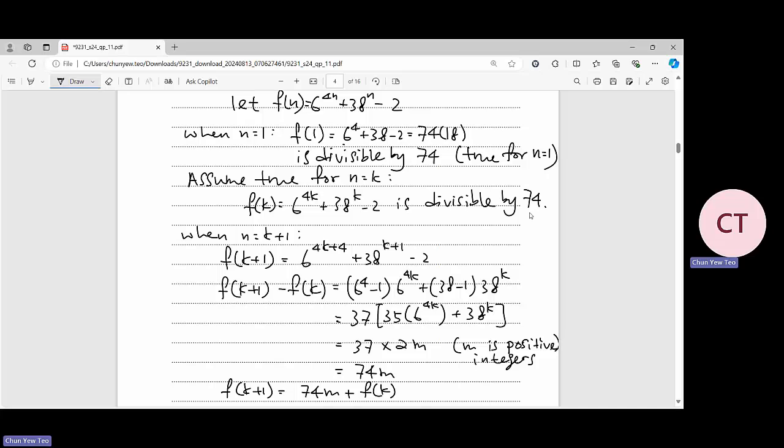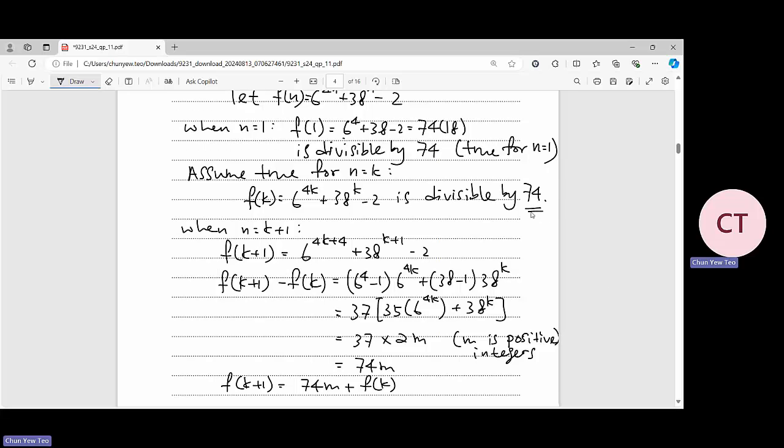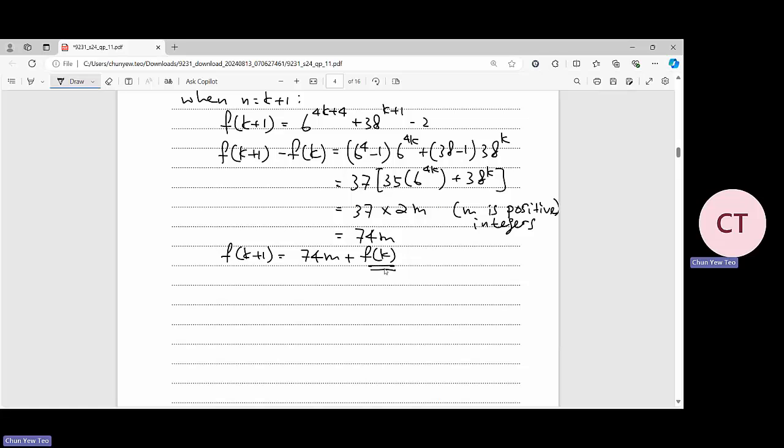We already know that f(k) is divisible by 74, and this one is divisible by 74. This one is also divisible by 74. Therefore, this one is divisible by 74. So this one is also true for n equal to k plus 1. Okay, so we have successfully shown that this is true for n equal to k plus 1.